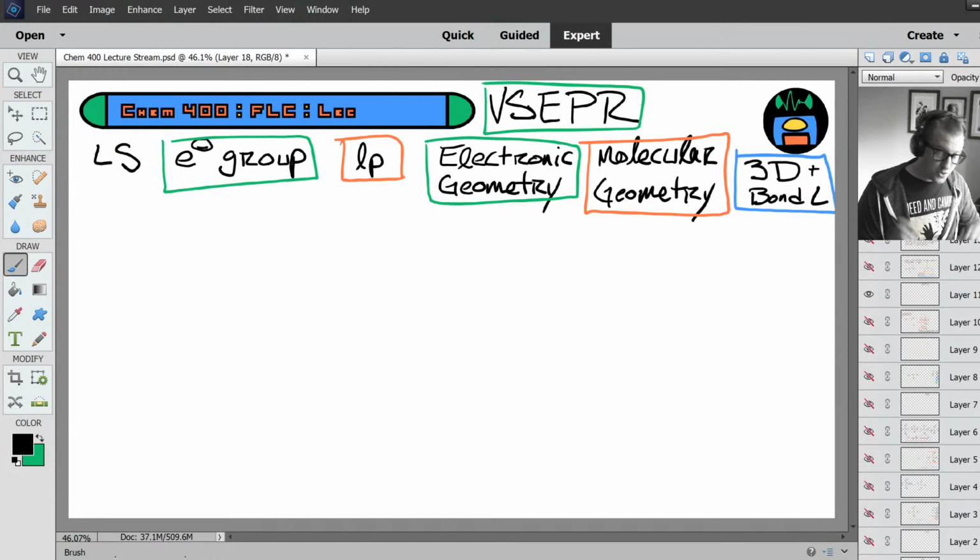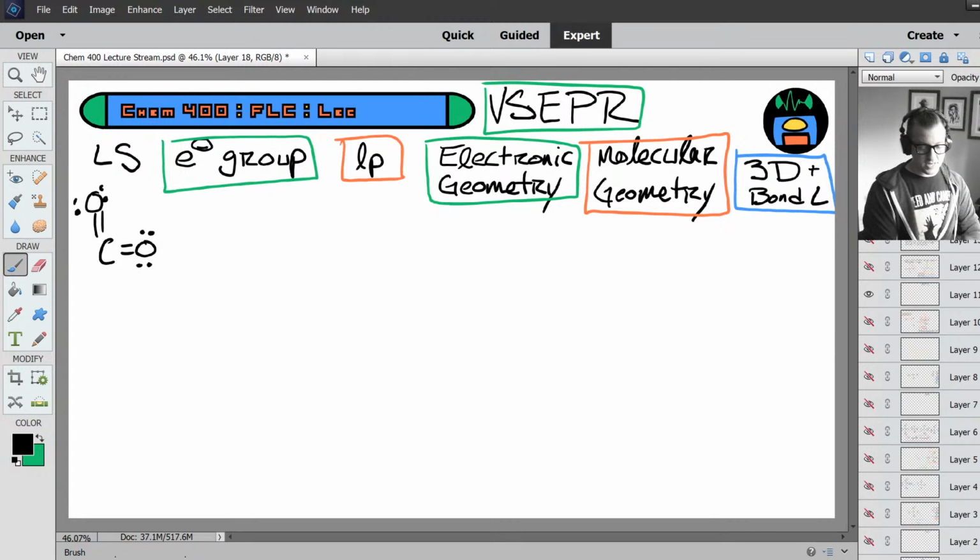Okay, so let's go ahead and start with carbon dioxide. Here's a Lewis structure for CO2.